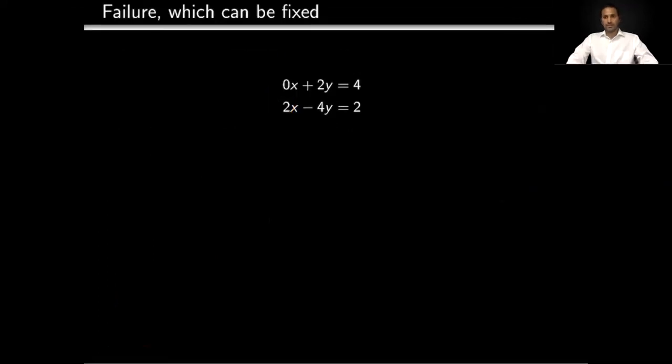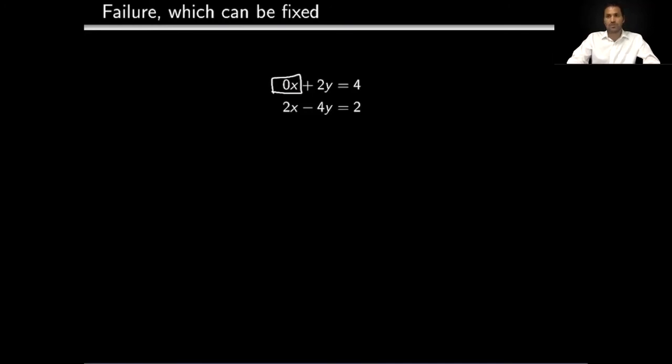So there is a third way a system can fail to perform the elimination method, but this time we can fix the system. Here we have a system 0x plus 2y is equal to 4, 2x minus 4y is equal to 2. In this case, if we begin performing the elimination, you will see the element on the pivot position is 0.